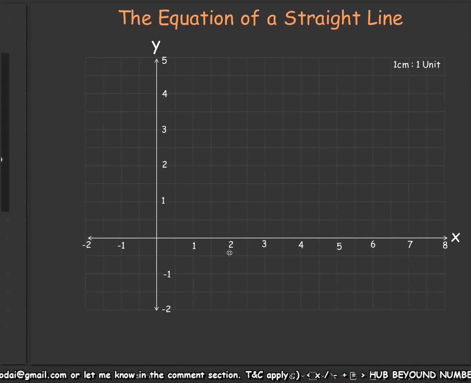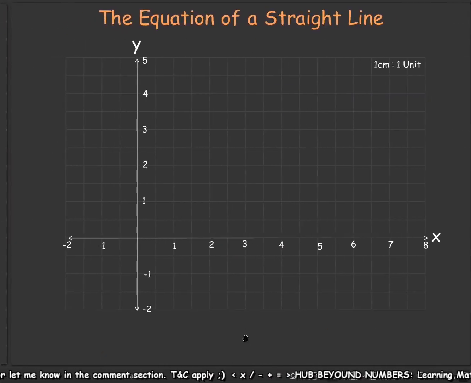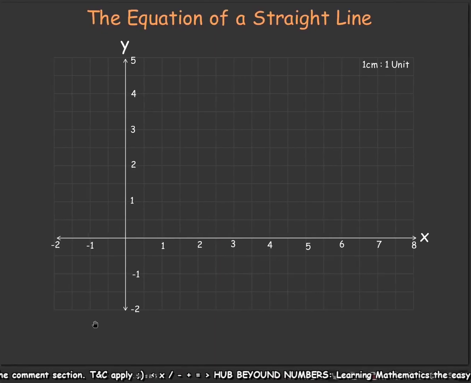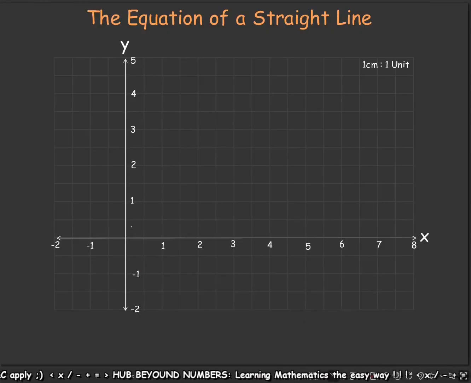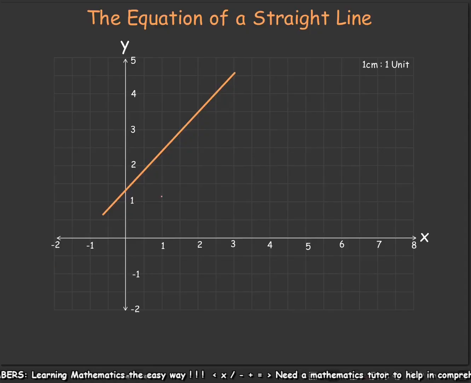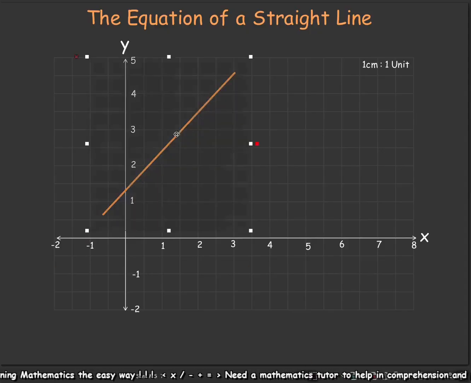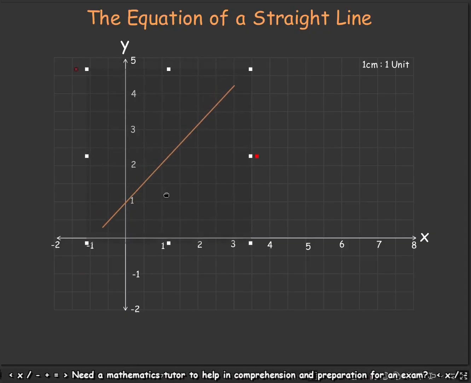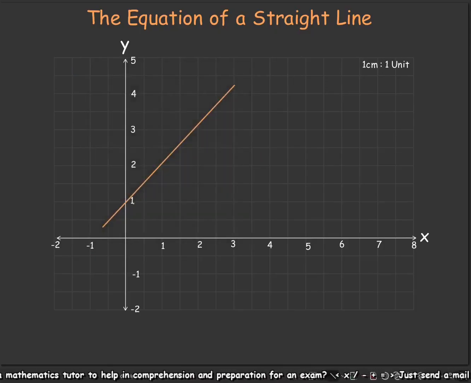So back to my Cartesian plane here, which has been labeled with a scale of 1 to 1 unit. If we have a straight line, so I draw this straight line like this. Now this line over here cuts or touches the y-axis somewhere. So looking at this line now, it touches our y-axis here.